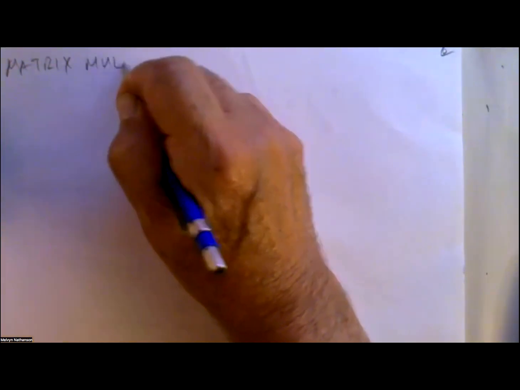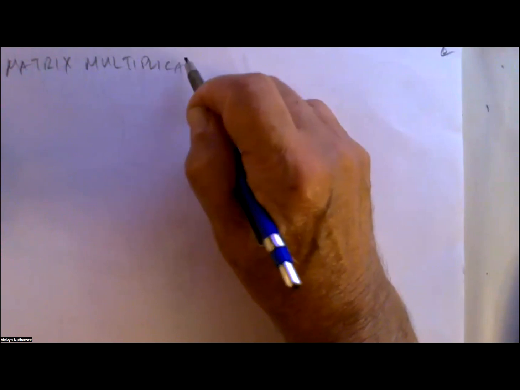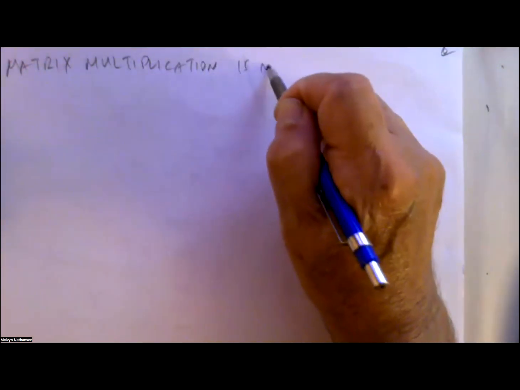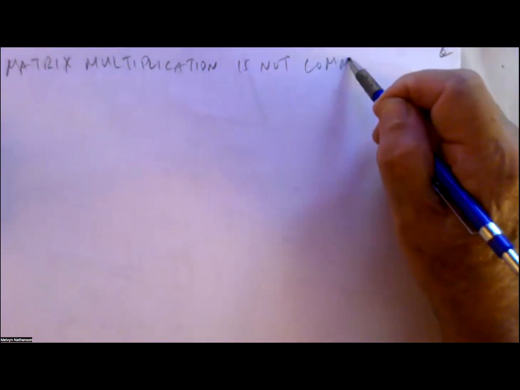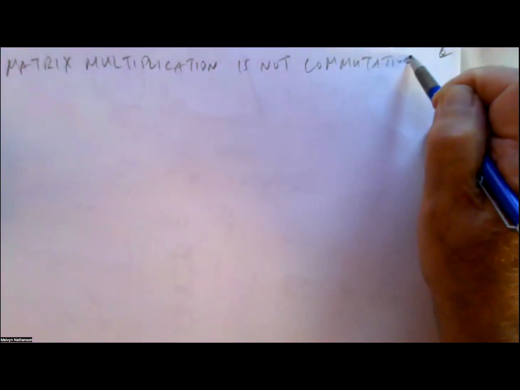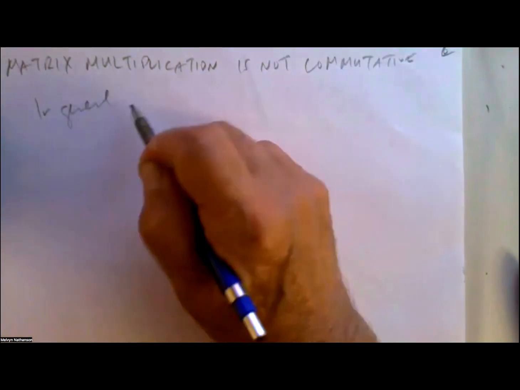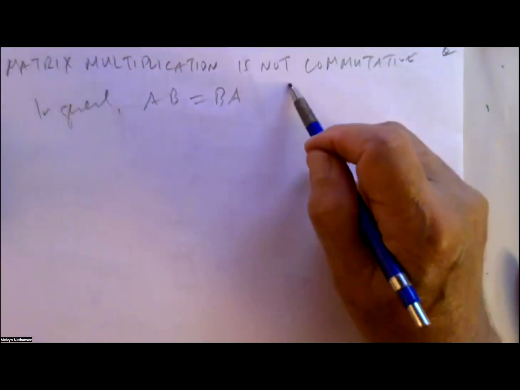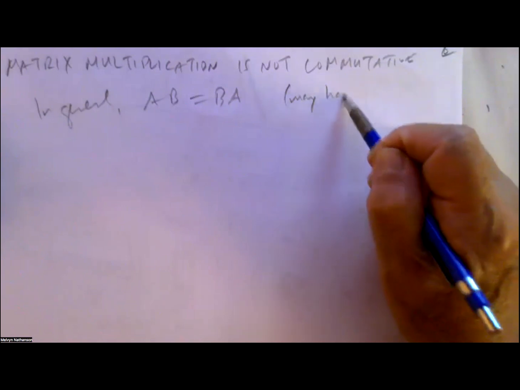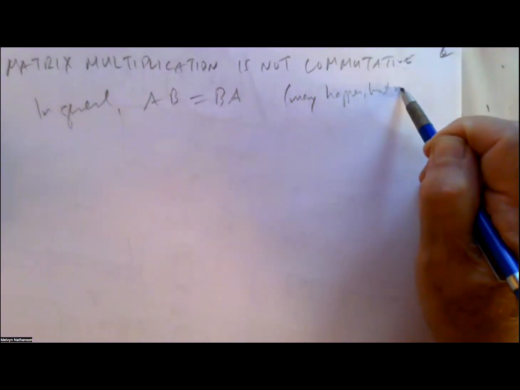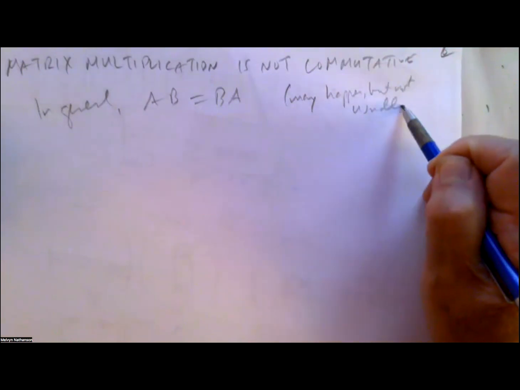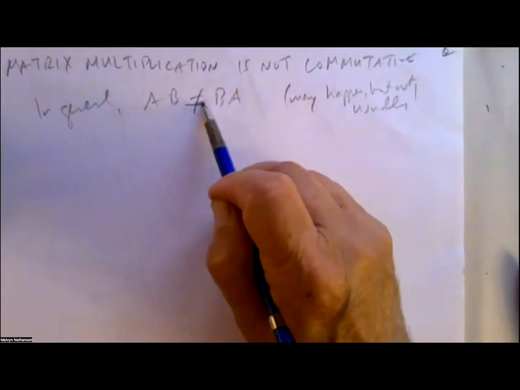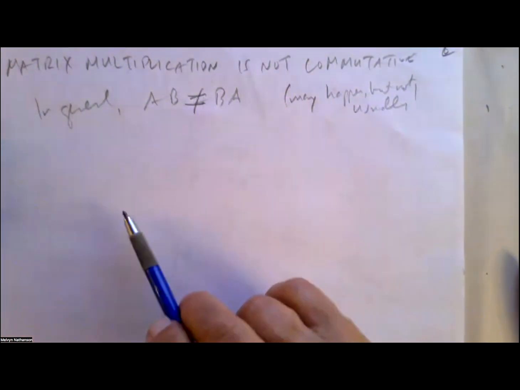Matrix multiplication is not commutative. In general, A times B is not equal to B times A when they are defined. It may happen, but not usually. So in general, AB is different from BA. It may happen that AB equals BA, but in general, that's not going to be the case.